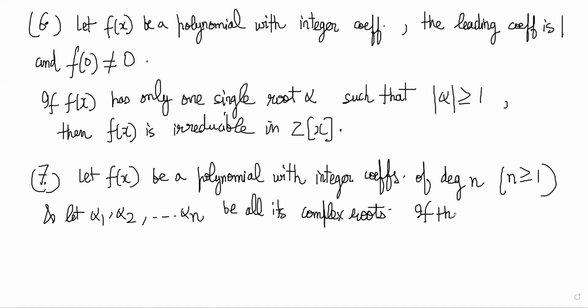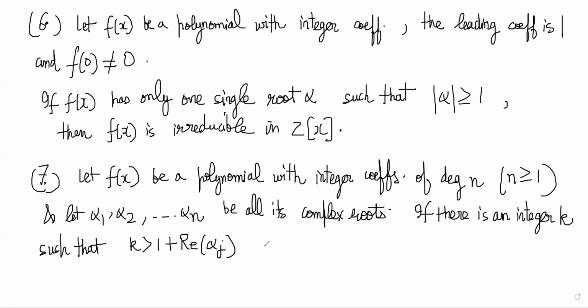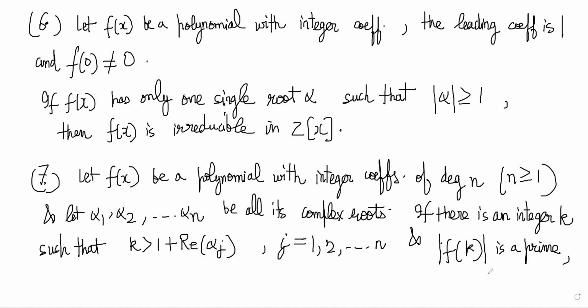If there is an integer k such that k is greater than 1 plus real part of alpha j, where j can vary from 1 to n, and mod of f of k is a prime, then f of x is irreducible in the set Z of x.